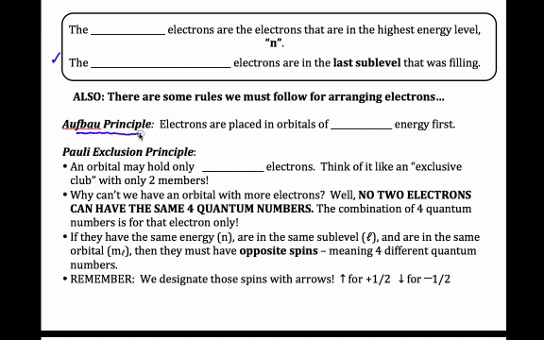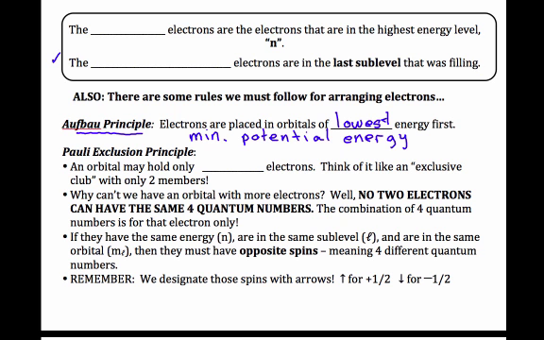The Aufbau, that's German for build up, says electrons are placed in orbitals of lowest energy first. What electrons want to do is minimize their potential energy. So they go into the lowest energy available that doesn't cause too much repulsion.